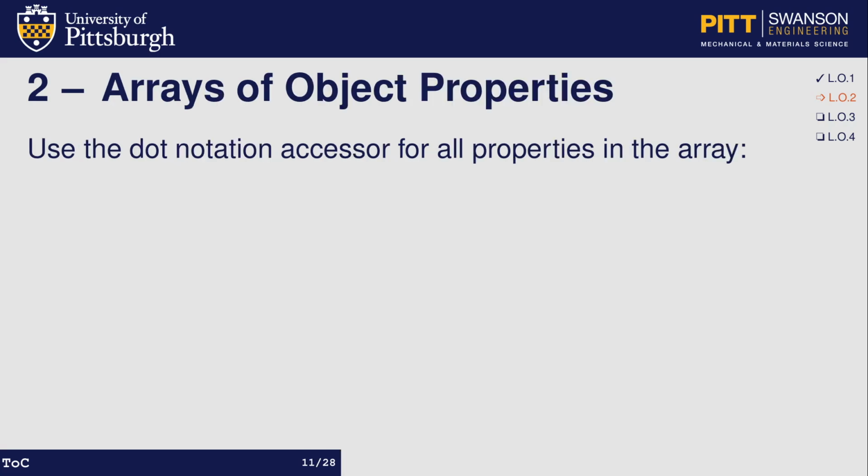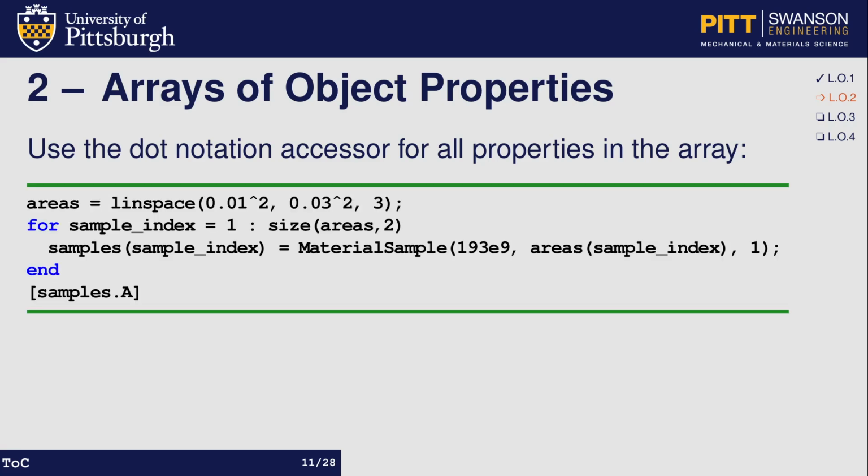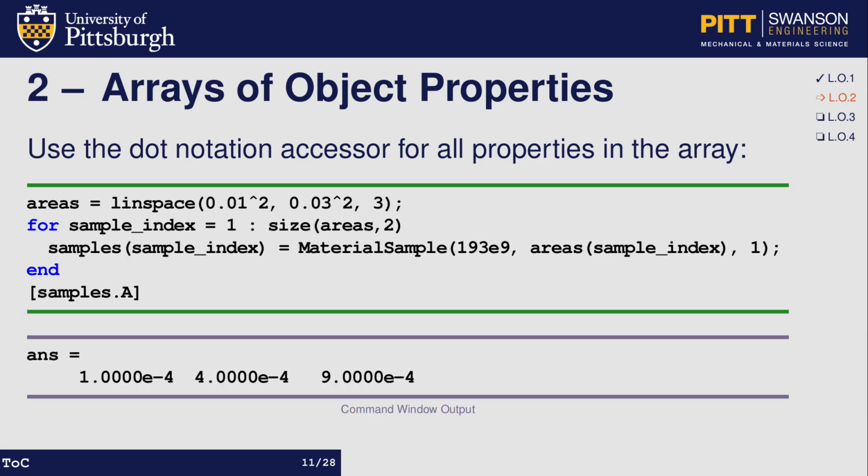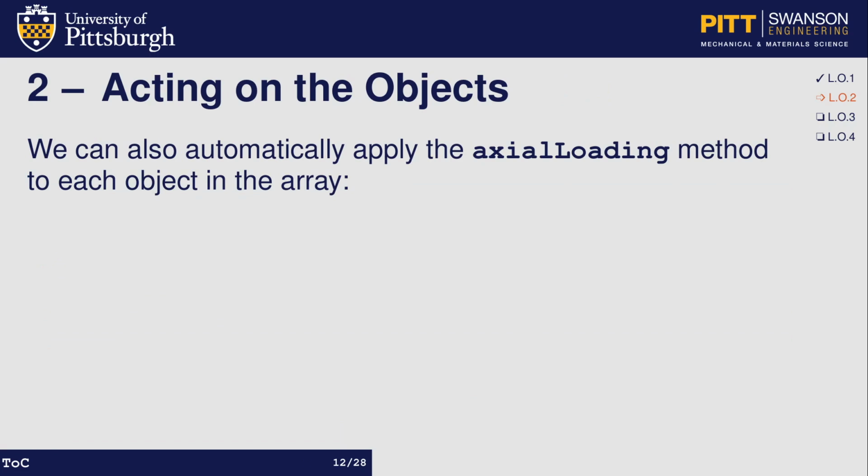Now, the dot notation accessor can still be used on the entire array to return an array for all of those values as seen here. We use the .a accessor wrapped in square brackets to return a vector with all of the areas for each object in the array. We can also automatically apply the axial loading function from that class to each of the objects using a loop.